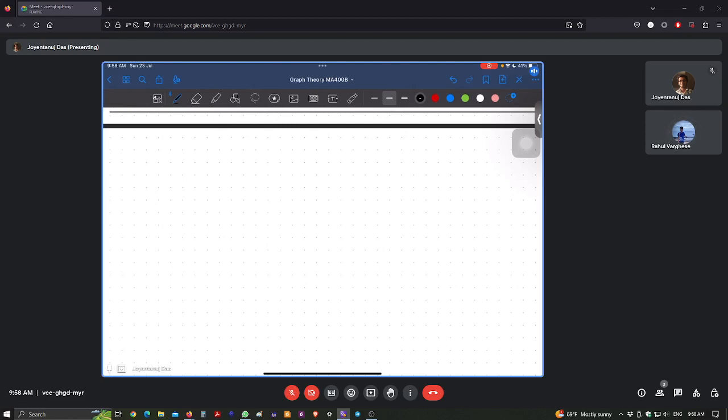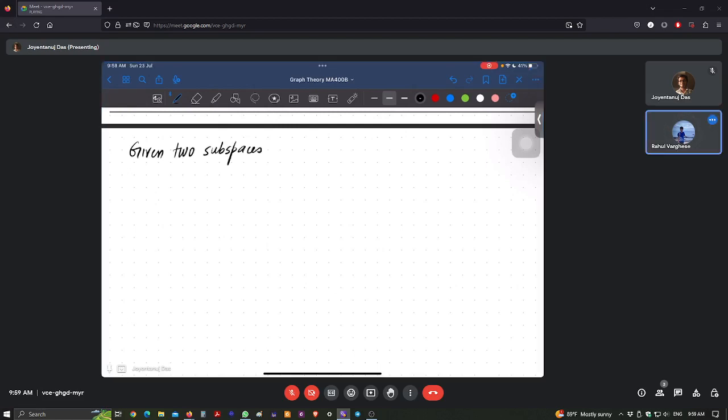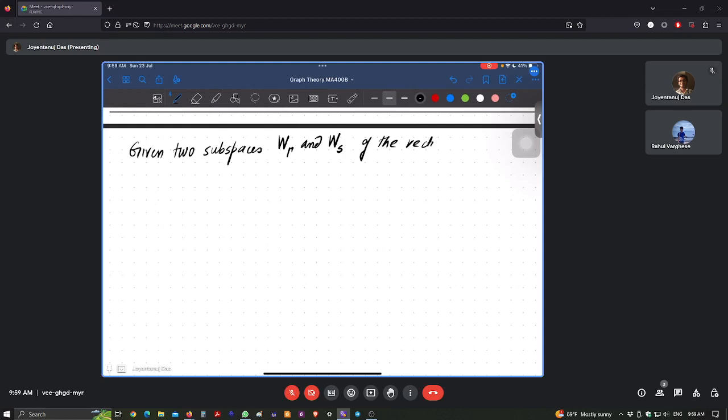So if I consider two subspaces, say W1 and W2 of the vector space W, it is always interesting to ask what is the intersection of these two.